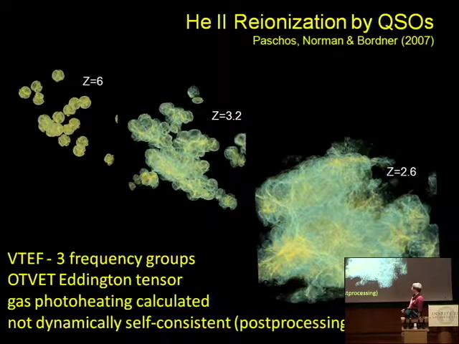We have 3 frequency groups, and we use this analytic Eddington tensor from the OTVET scheme. We calculate the gas photoheating. But in this calculation, this is not done dynamically self-consistently. We also have post-processed the density field from a hydrodynamics simulation. And so our goal now is to make this self-consistent.